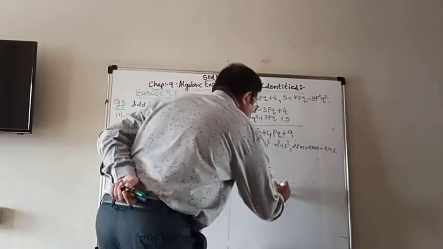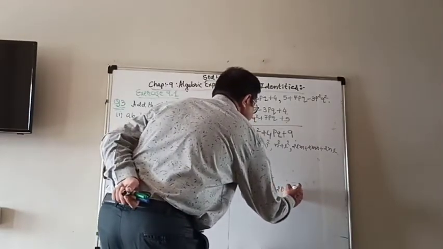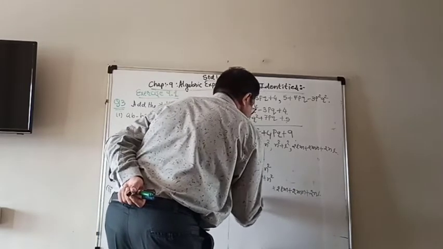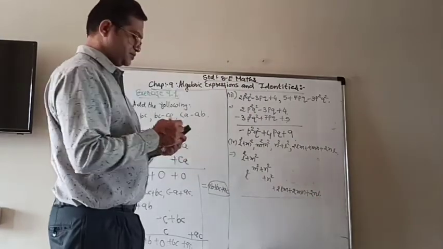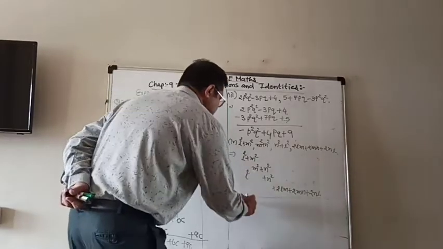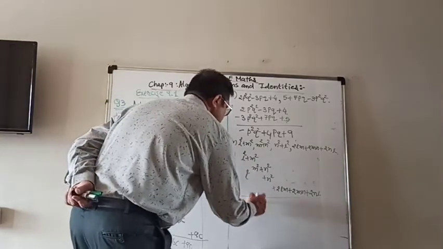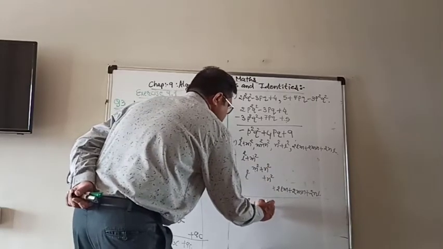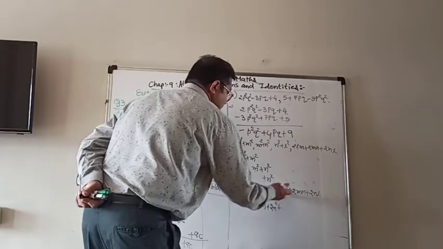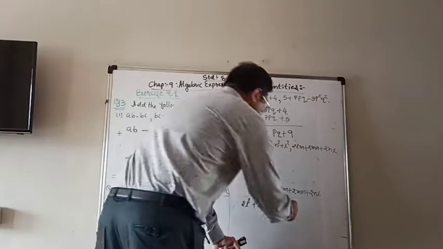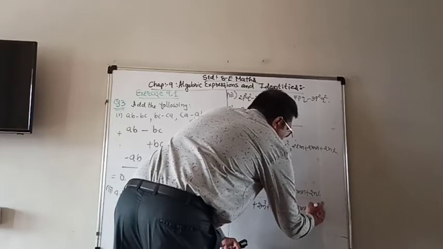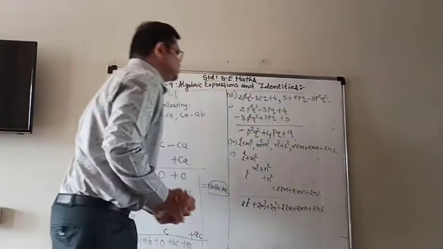There is nothing here, so we will write 2LM plus 2MN plus 2NL, because in the previous there are no terms like that. So here L square plus L square is 2L square. M square plus M square is also 2M square. N square plus N square is also 2N square. And they are alone, so we will write as it is 2LM plus 2MN plus 2NL.